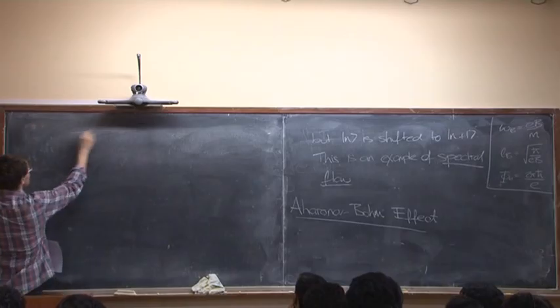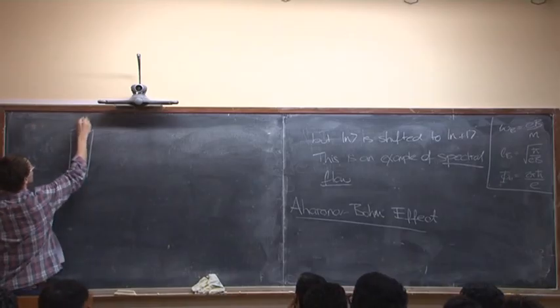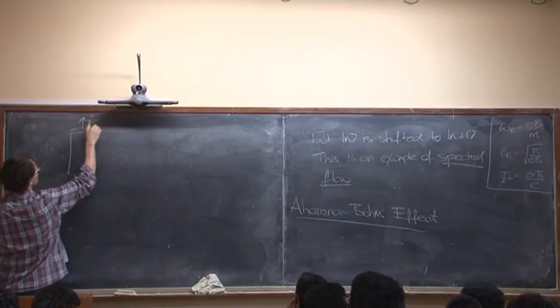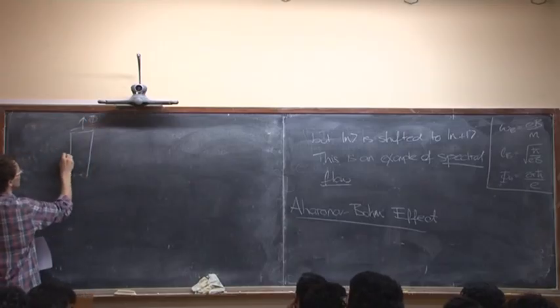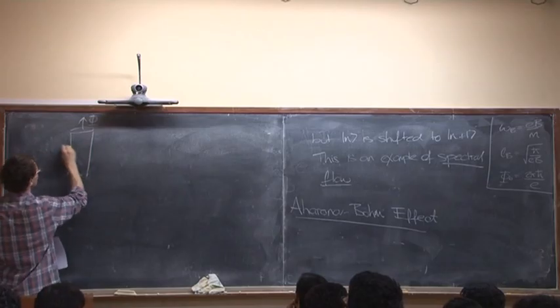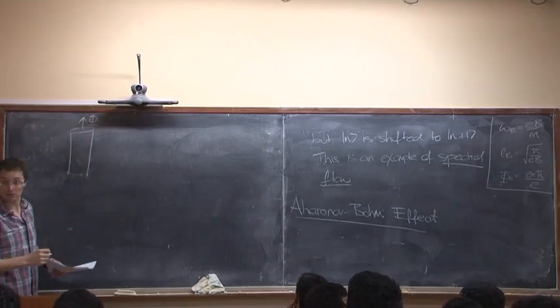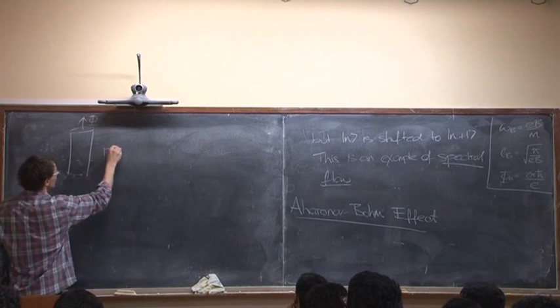And to see it, you can think back to this solenoid. So this is V, or let me call it in terms of flux phi. And now, rather than allowing the particle to move around this ring, let's confine it to a box.